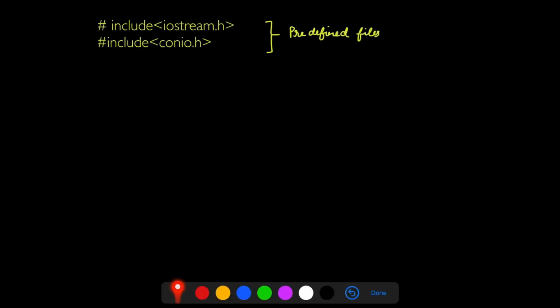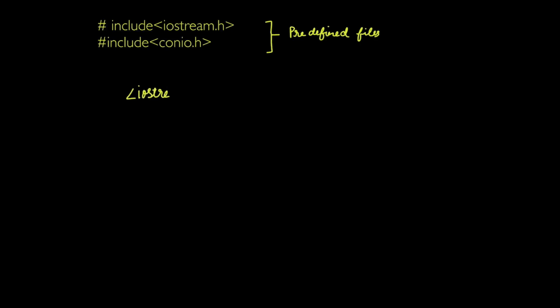It indicates that the specified header files are included in the program before the compilation. Now, the iostream file gives us the input and the output functions, which is cin for the input statement and cout for the output statement.